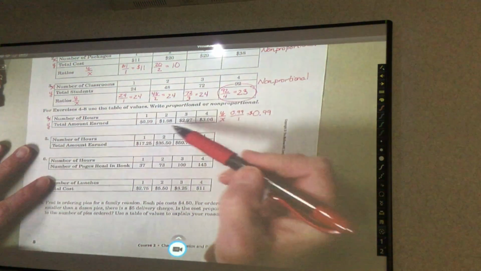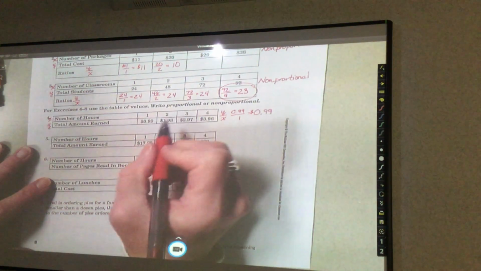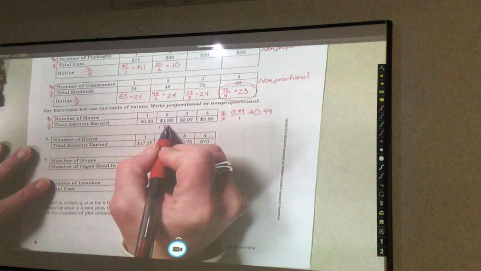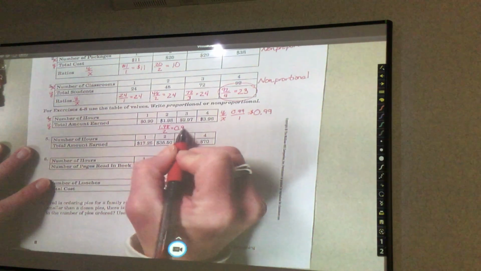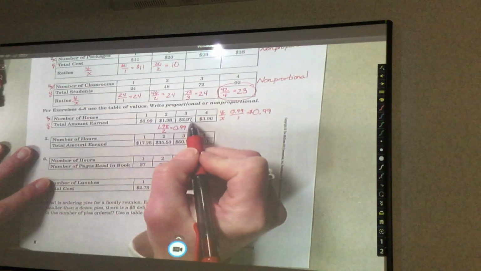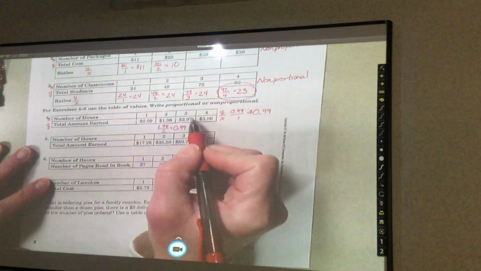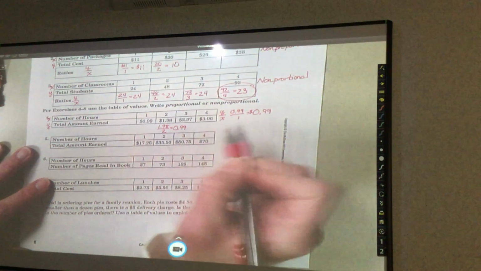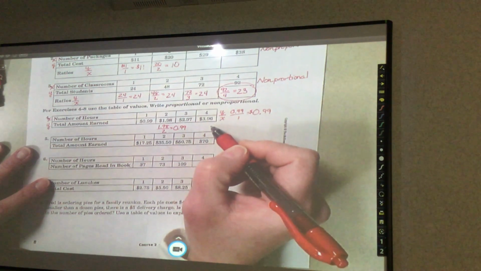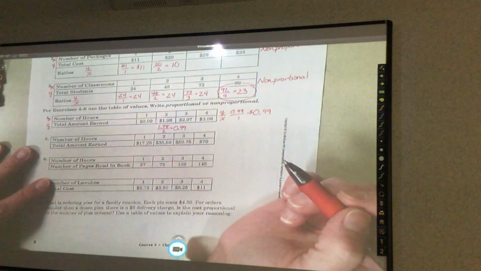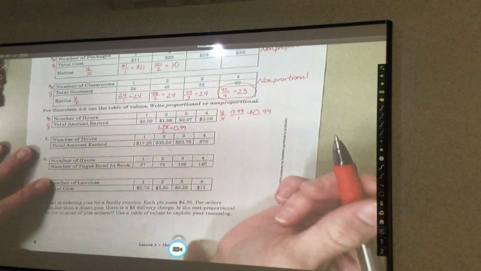Then you can just use your calculator to do the $1.98 divided by 2, which is 99 cents. I do it to all of them. $2.97 divided by 3 is 99 cents. $3.96 divided by 4 is 99 cents.